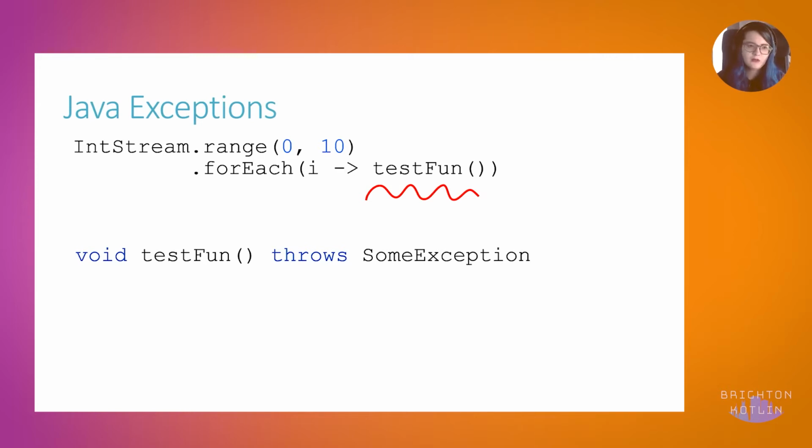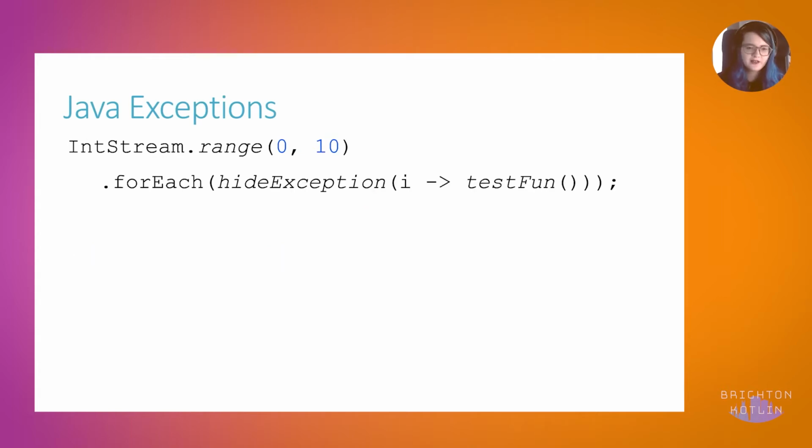So you can actually put try right here for each block, but well, this won't look really great. So a typical approach to this problem will be to write a wrapper with try catch somewhere else, and for example, let's call it hideException, and this wrapper will wrap a checked exception into an unchecked exception, so it will pass just fine.